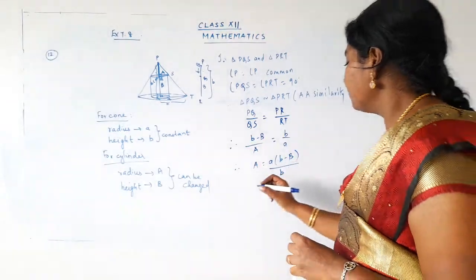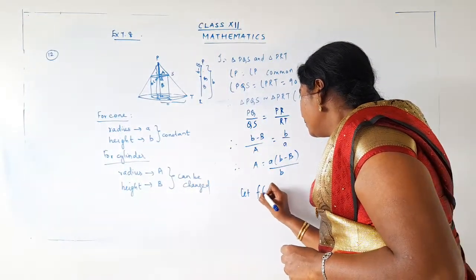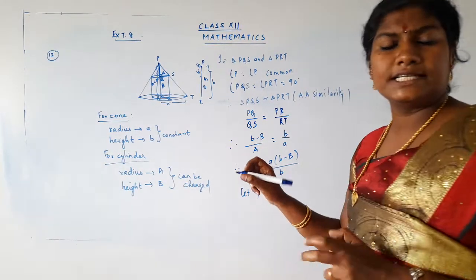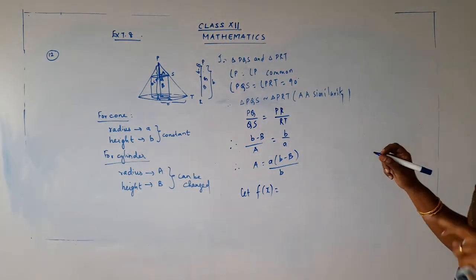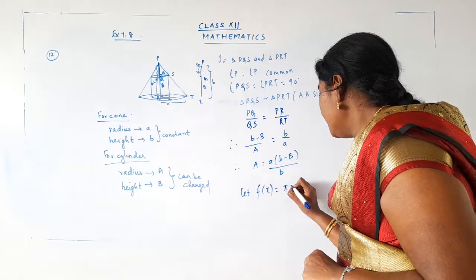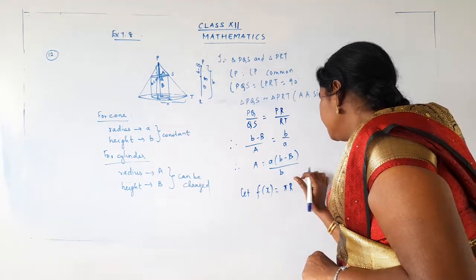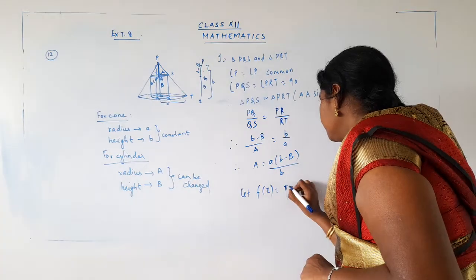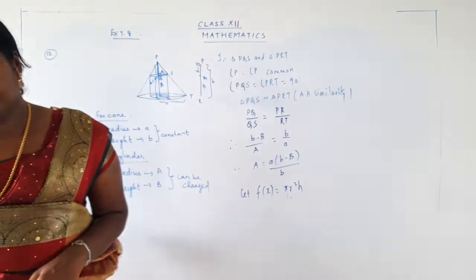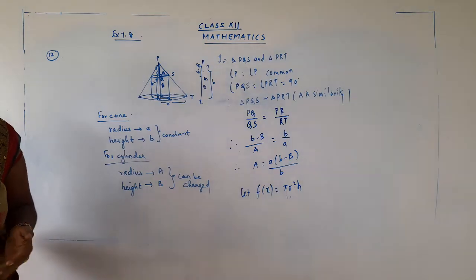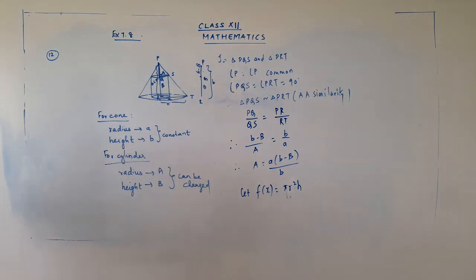So write down here, let f(x) is equal to the volume of the cylinder. What is the formula for the volume of the cylinder? Pi r square h.